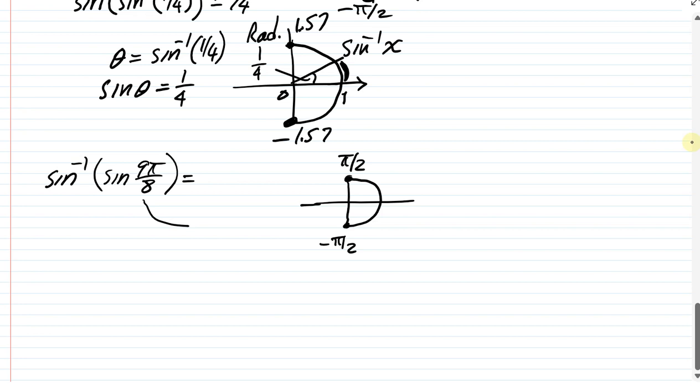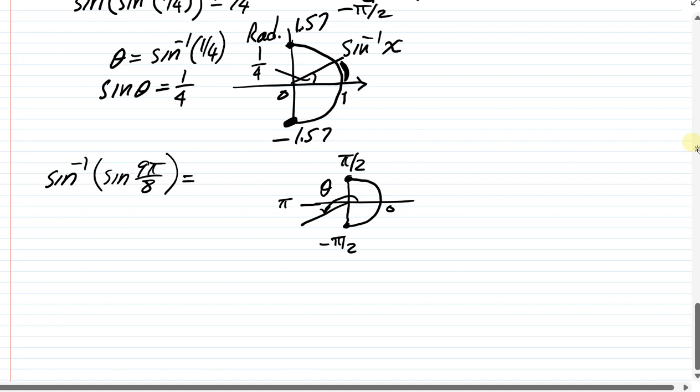The measure of the angle is 9 pi over 8. This is 0, that's pi. 9 pi over 8, well, 8 pi over 8 is pi. 9 pi over 8 will be an angle here, wouldn't it? So this is the measure of angle theta, which is clearly not where it's supposed to be, right? It's supposed to be in here, but it's outside of the circle.